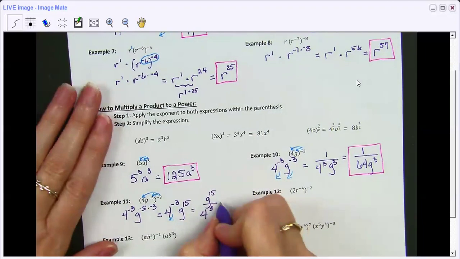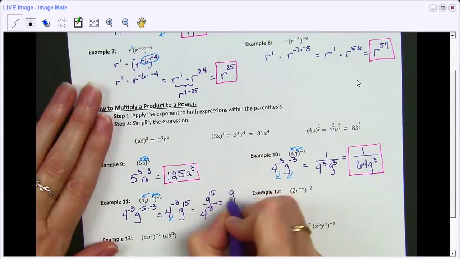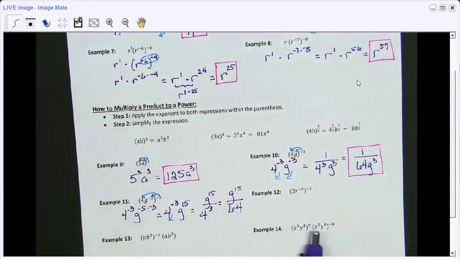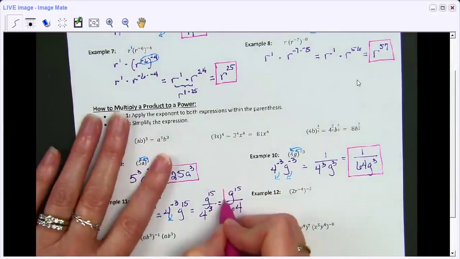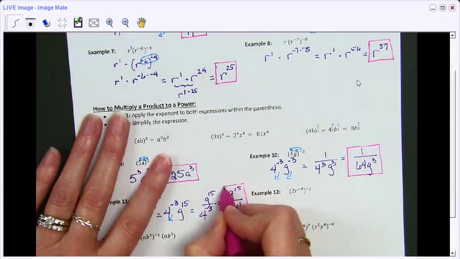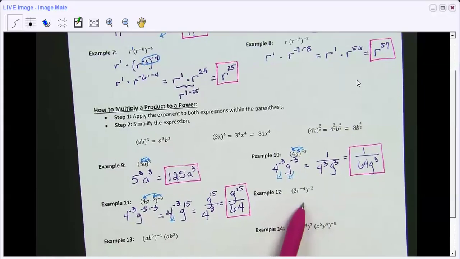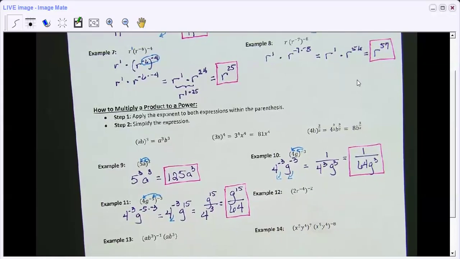And my final answer is g to the power of 15 over 64. Now, I did a lot of steps here. You could have just done this in 2 steps. All right, go ahead and do example 12 on your own and then check it up here.